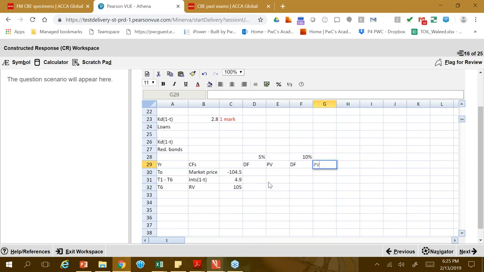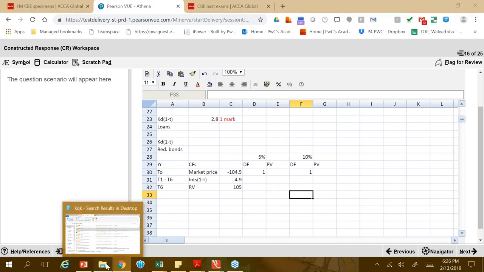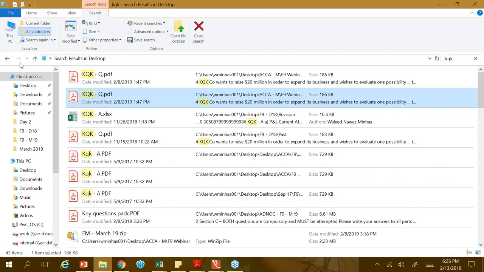Can I just ask you all, while I'm doing it, to also put in your discount factors and find the present values, so that we can discount and find the present values. So I'll need the tables. So let me work out the tables.